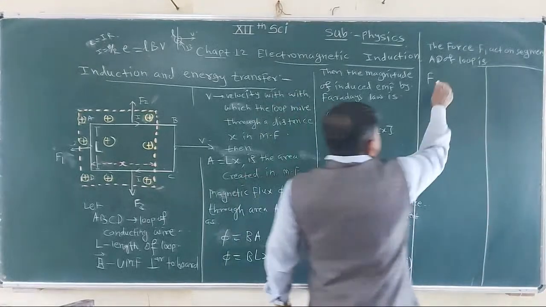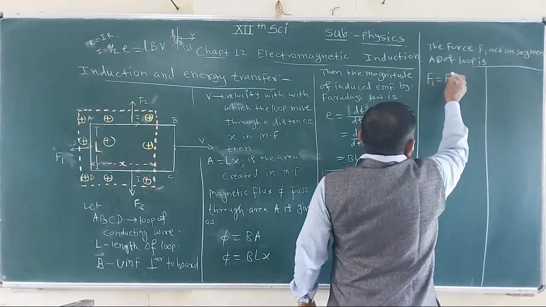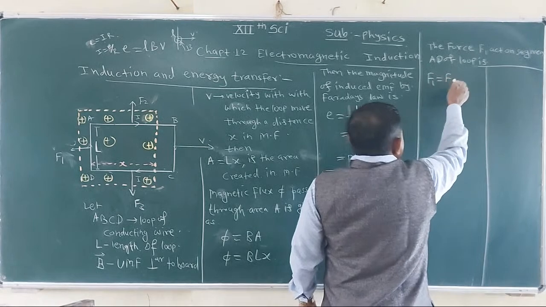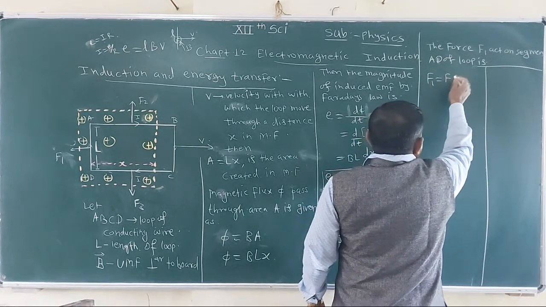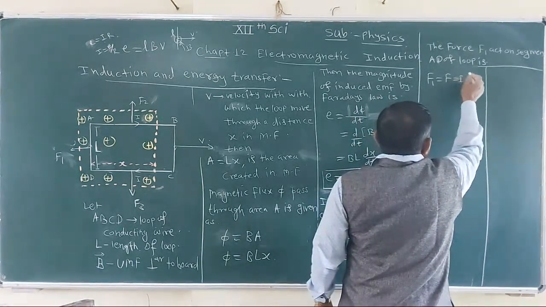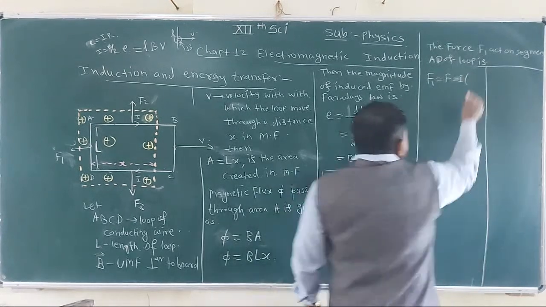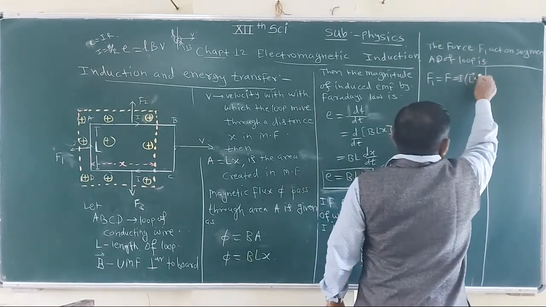So F1 is equal to F. That is the magnitude of force as F1 is equal to F is equal to I into L cross B. L bar cross B bar.